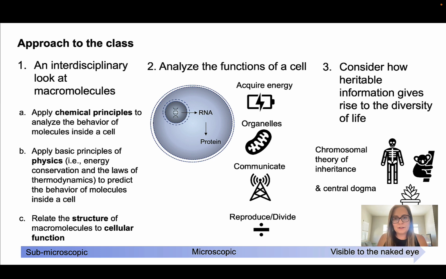We're going to examine the chromosomal theory of inheritance and then end with looking at the central dogma. So how is this heritable genetic information converted into an intermediate, which is RNA, and then turned into a protein? And for the most part, proteins are what does the work inside a cell.